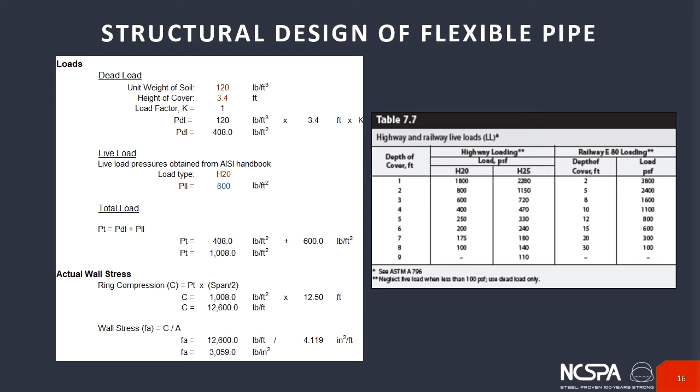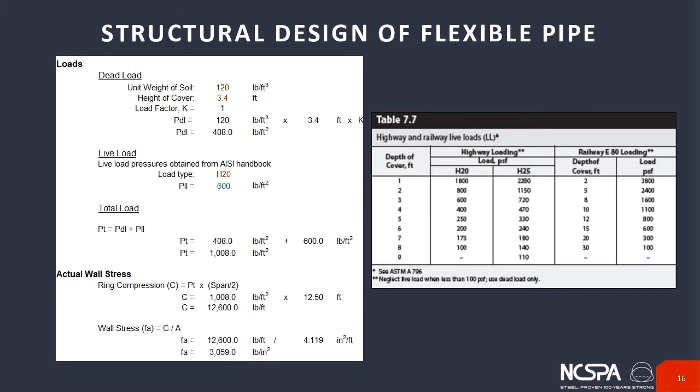And so the force acting on the pipe wall is 12,600 pounds per lineal foot of pipe wall. Then taking that load and dividing it by the wall area available gives us the average wall stress, which in this case would be 3,059 pounds per square inch that this pipe is being subjected to.